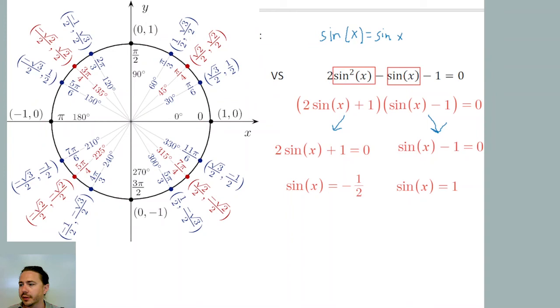So if I'm looking to see where sine of x is equal to negative 1/2, I'm looking at a y coordinate. I see one at 7 pi over 6. And the next one where it's negative 1/2 would be 11 pi over 6.